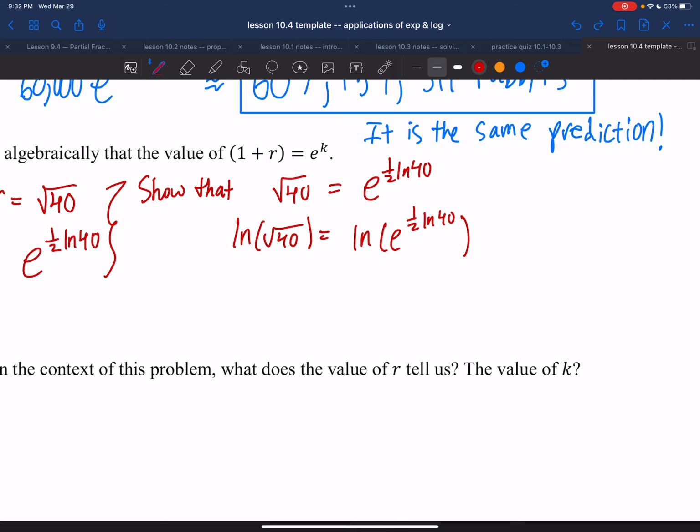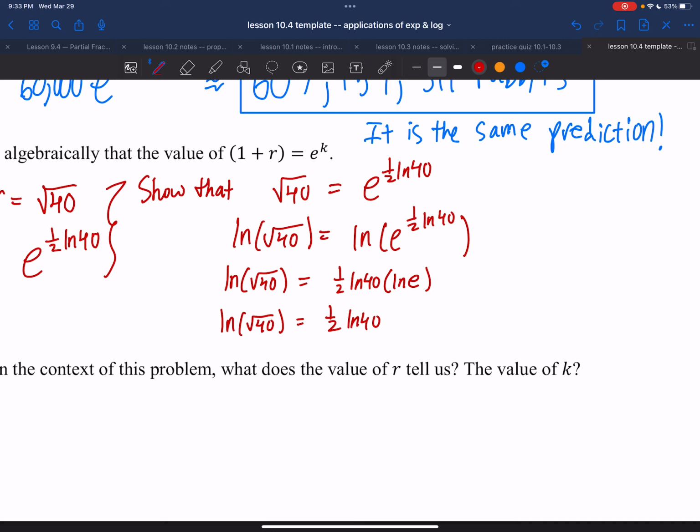So I take the natural log of both sides. Let's use the power rule. You say natural log of 40 equals 1/2 natural log 40 times natural log of e. But of course, we know that natural log of e is just 1. So this says natural log of root 40 equals 1/2 natural log 40, right?